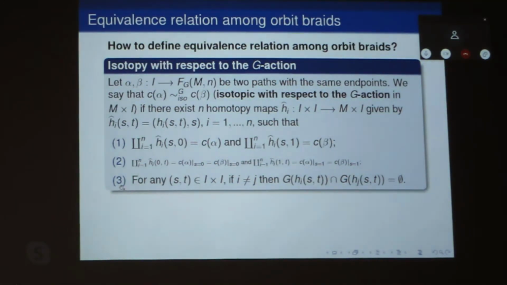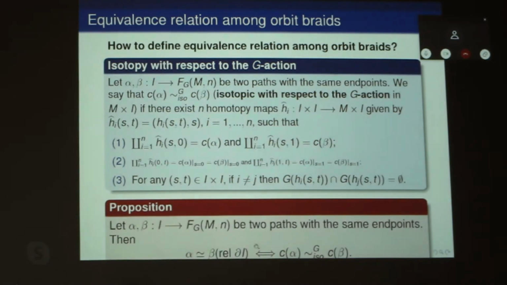Here, the third condition is the key point. We need to consider the G action. The first condition and the second condition are natural, but the first condition is the key point. In this case, we can show this, but here it is not an orbit braid, just an ordinary braid.